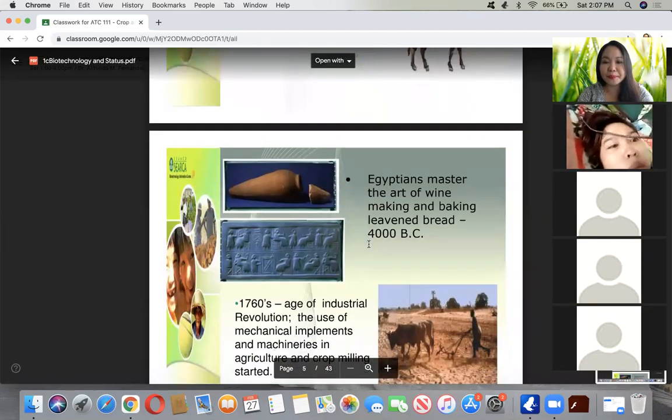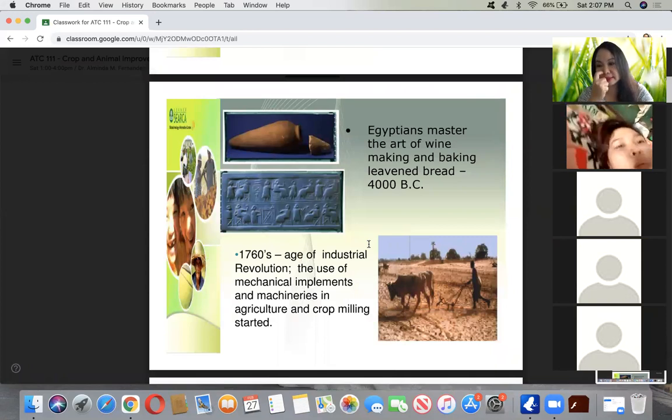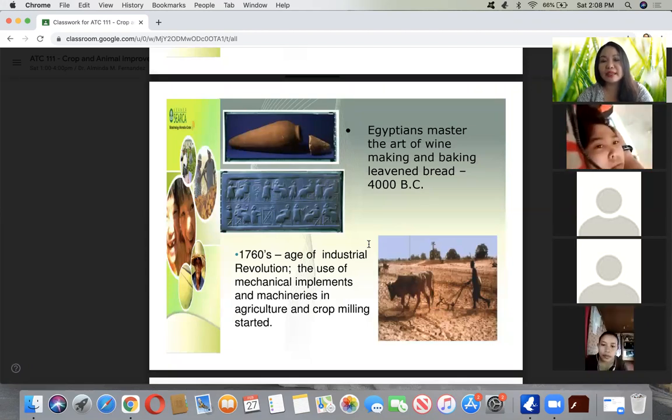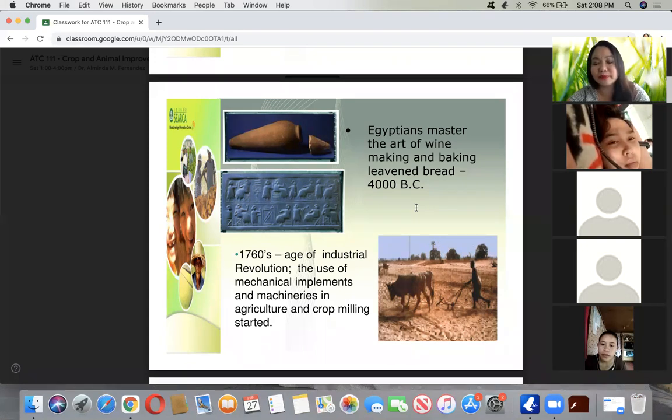The Egyptians mastered the art of winemaking and baking leavened bread about 4,000 BC. This is Mesopotamia or Egypt itself. We all know that the Middle East is the cradle of civilization.